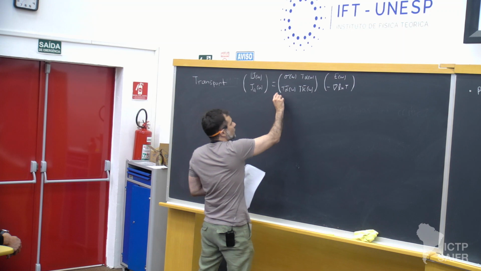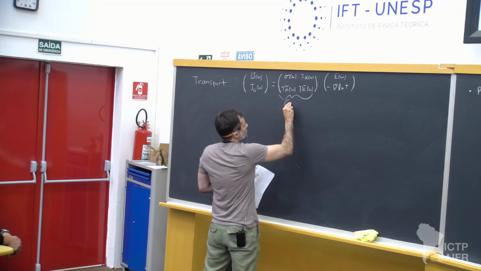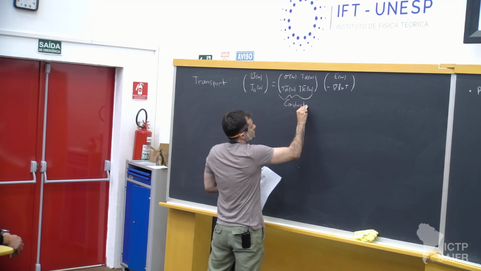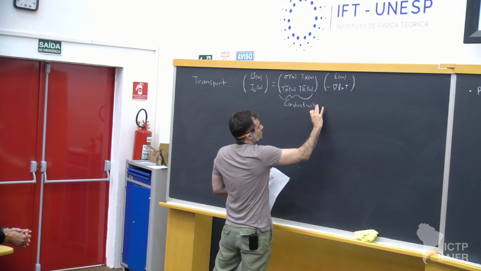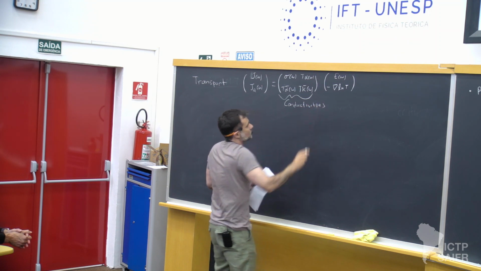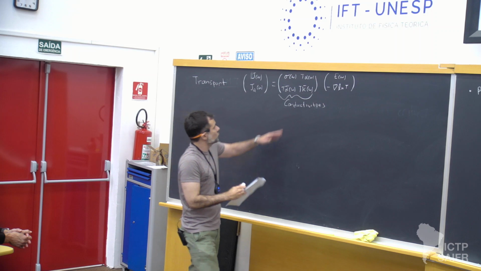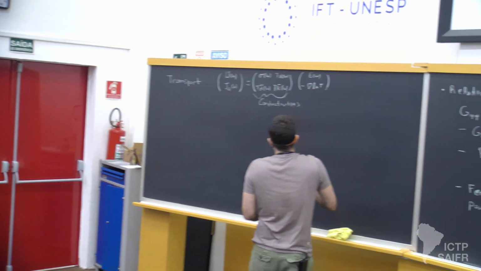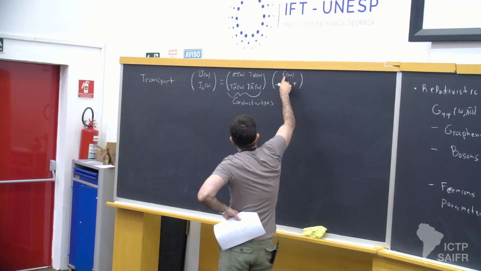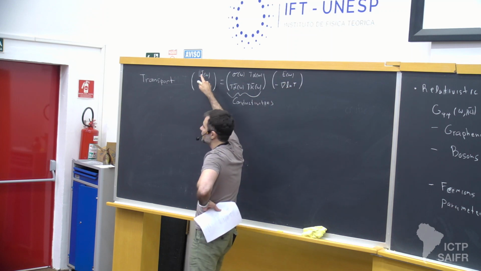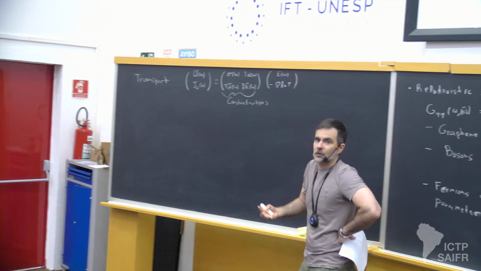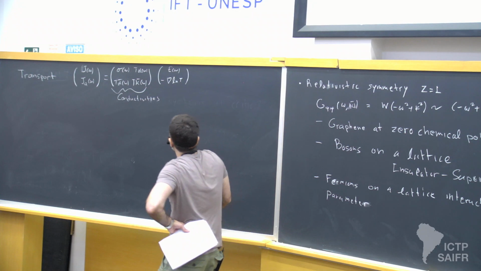Okay, and I want to extract this conductivity matrix. Sigma is basically like Ohm's law. If I introduce an electric field, there will be some electric current. The constant of proportionality is what you could call electric conductivity.